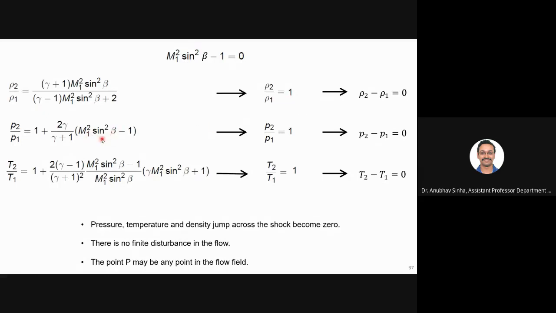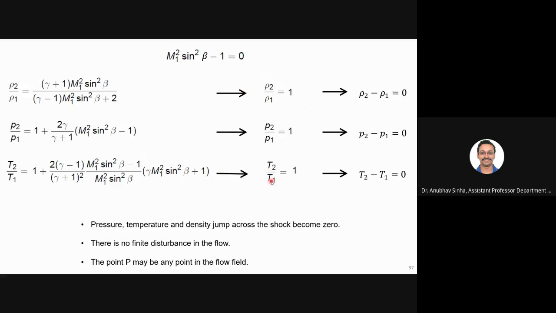Similarly, in this equation, if you substitute M1 square sin square beta minus 1 equal to 0, this whole term becomes 0 and the ratio is 1. Similarly here, M1 sin square beta minus 1 is equal to 0, so this term vanishes and we have 1. So what we see here is that the density, pressure and temperature ratios are all 1.